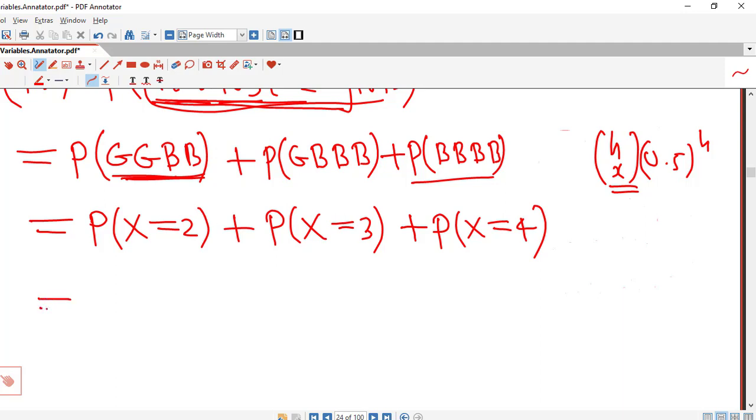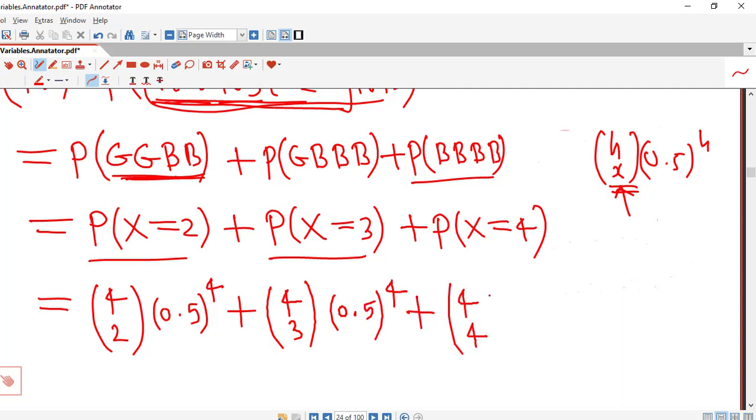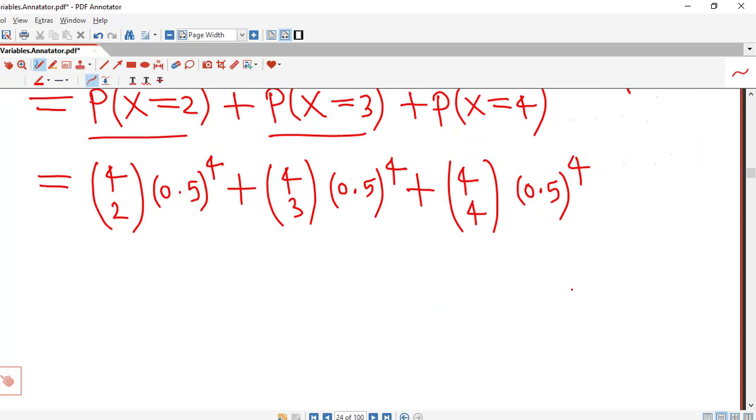For the first probability we put x equal to 2, so we have 4c2 0.5 raised to 4. For the second we put x equal to 3, so it is 4c3 0.5 raised to 4, and for the third we put x equal to 4, so we have 4c4 0.5 raised to 4.